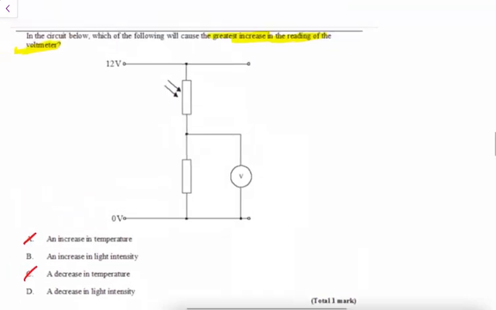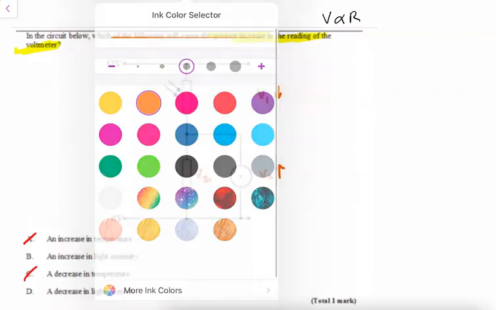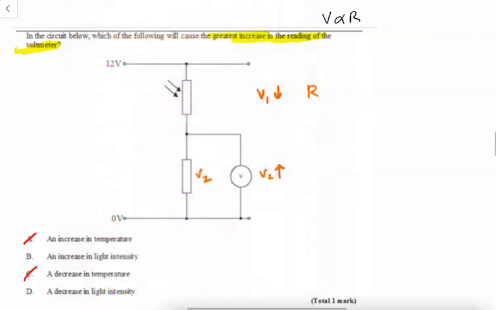So the question is asking for the greatest increase in our voltmeter. If we want this, let's call this V2, to increase, that must mean that V1 has to decrease. For V1 to decrease, because we know that voltage is proportional to resistance in resistors that are in series, that means that this resistance has to decrease.